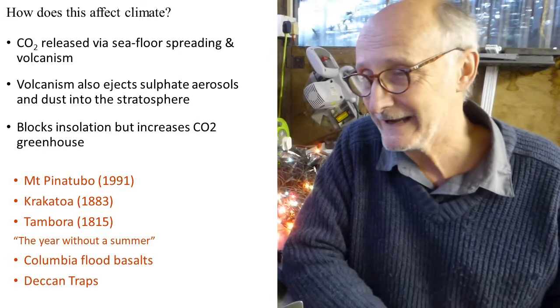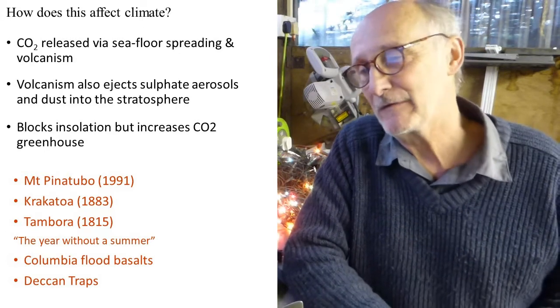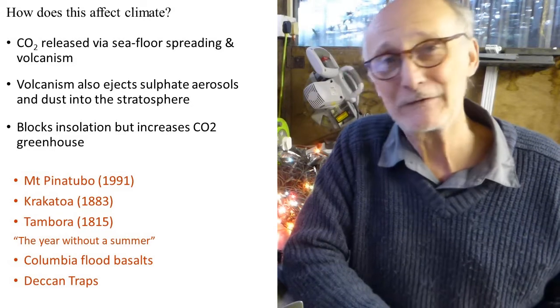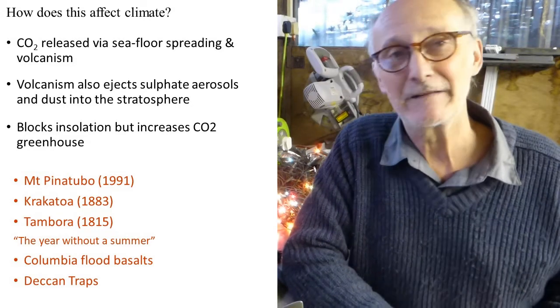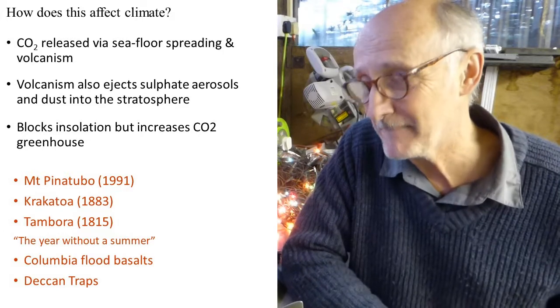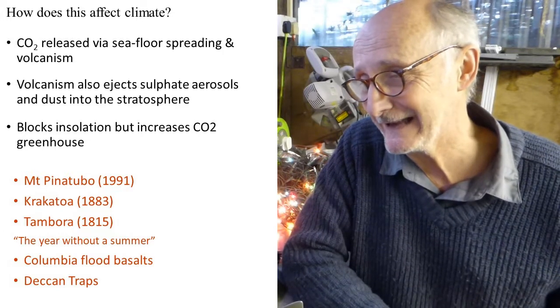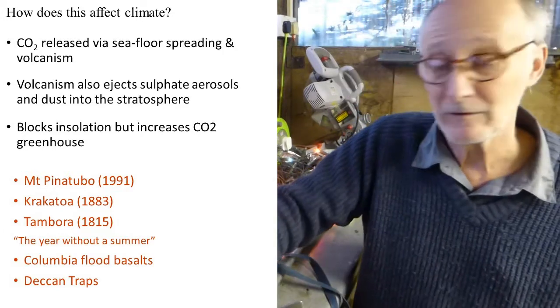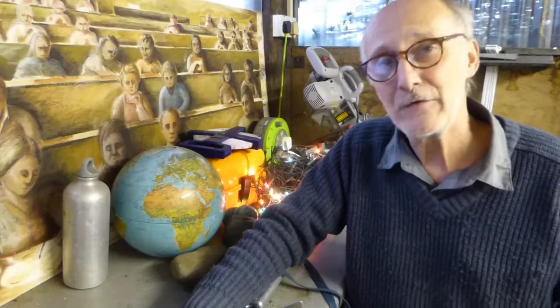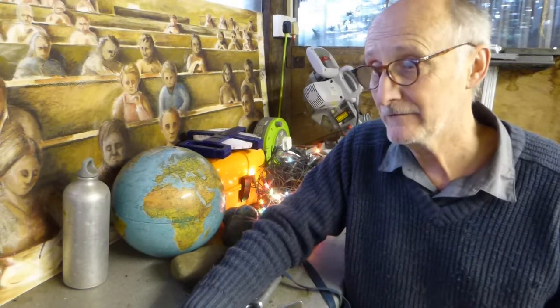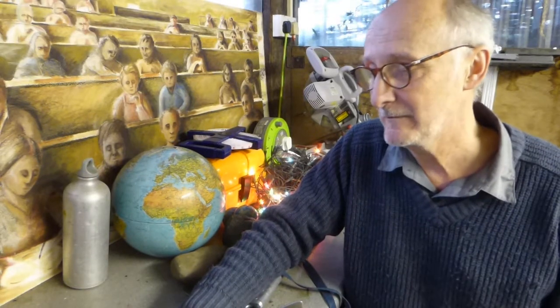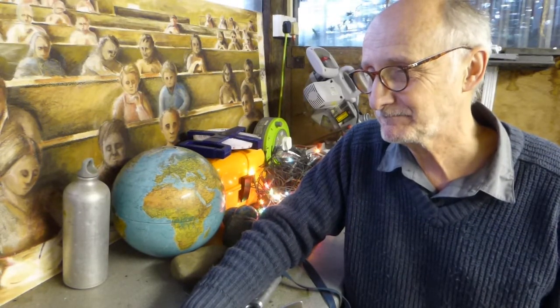If you read up on the Deccan Traps, for example, there are arguments that those played an important role in the decline of the dinosaurs because of the impact of that volcanic activity on global climate. So there are major controls of climate coming from significant volcanic activity resulting from plate tectonics.